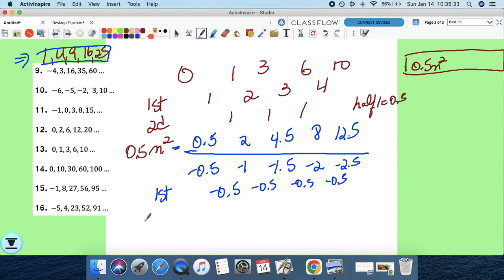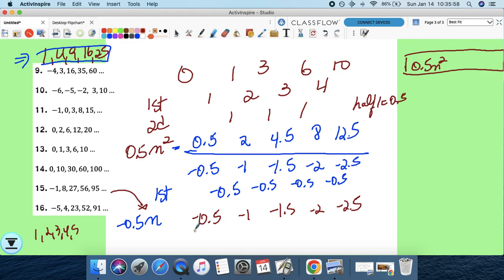So our linear part, the coefficient, is going to be negative 0.5, or half of n. If you multiply the numbers 1, 2, 3, 4, 5 by half, you get 0.5, half of 2, half of 3, half of 4, half of 5, and so on. If you subtract these two lines, negative 0.5 n, you actually get 0. You have to make no adjustments to the negative 0.5 n.